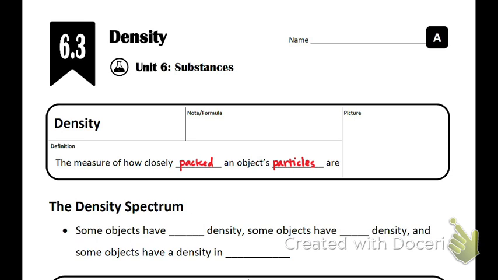So yesterday you talked about states of matter and particles. So density, if you draw, that is not great. If we've got a box, something with low density, the particles are going to be spread out.